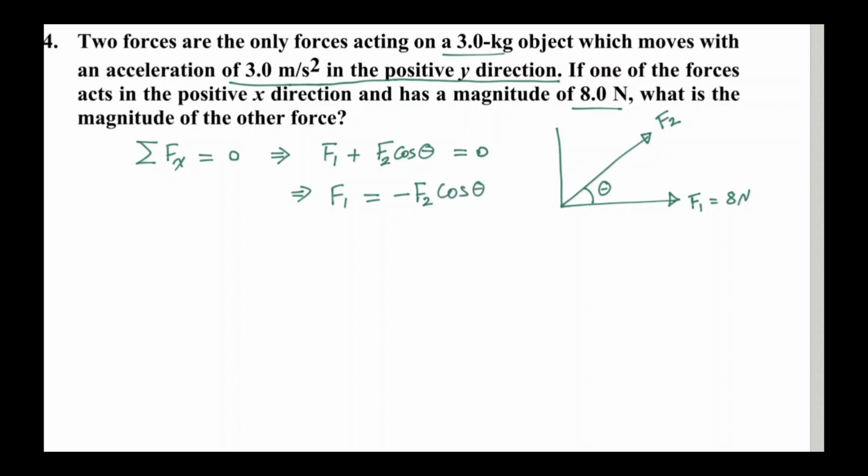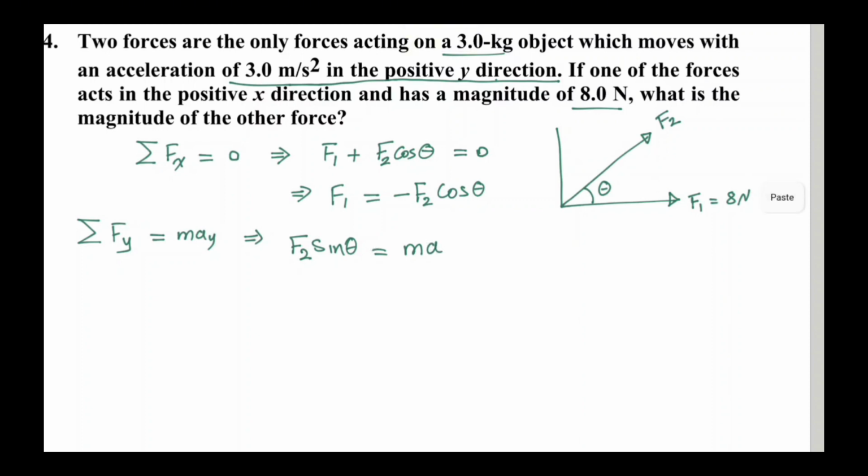And from this one here, F1 is equal to minus F2 cosine theta. Now the sum of all forces on y is, in this case, not 0, it's equal to ma because it's given in the question, it's 3 meters per second squared in the positive y direction. So in this case, F2 sine theta, no y component for F1, equals ma.